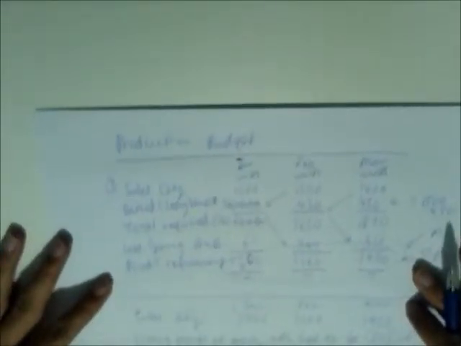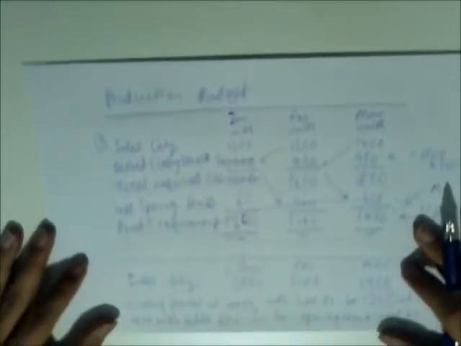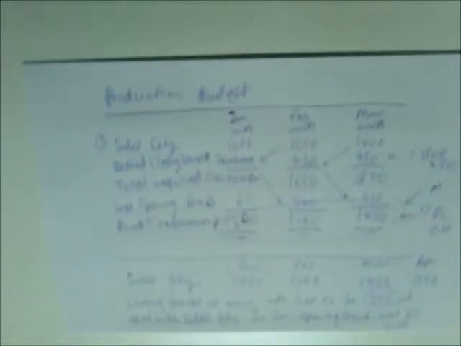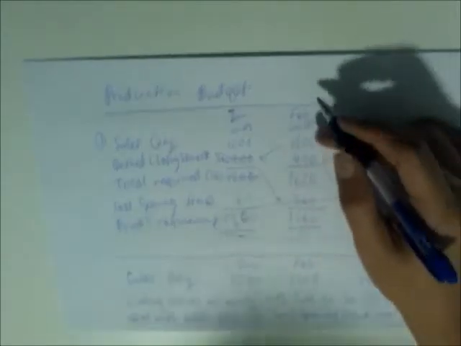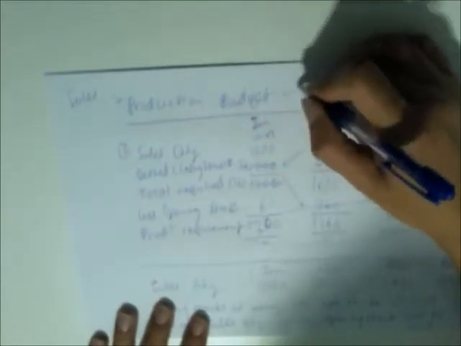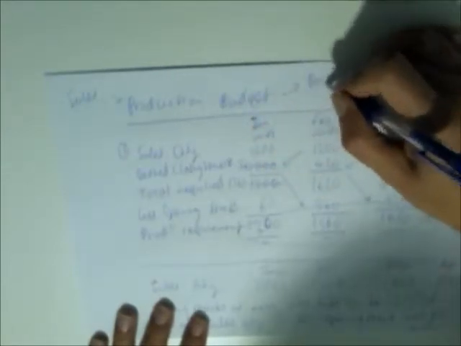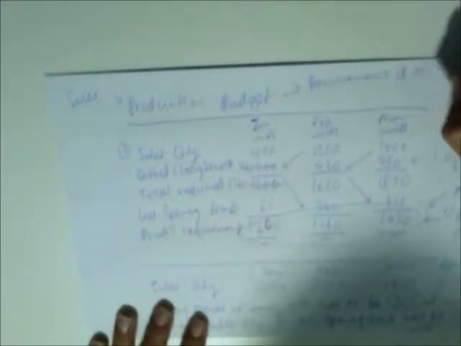Going on, now we have the next item, which is the production budget. The production budget should rightfully come before the material budget, and it should come after the sales budget. That means only with the sales budget will you know what your production budget is going to be like, and that influences, of course, your procurement of raw materials.